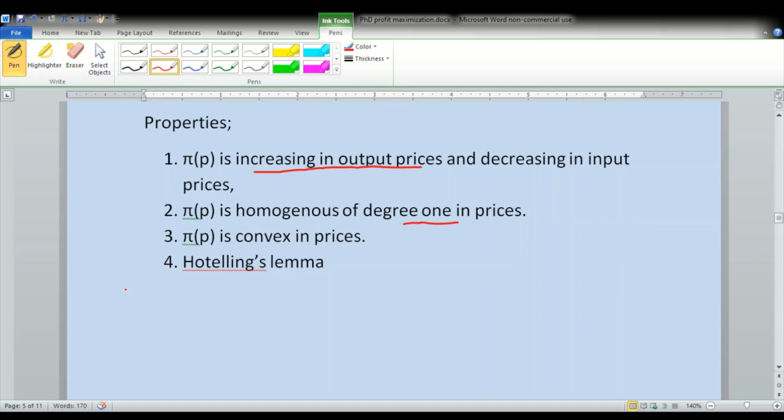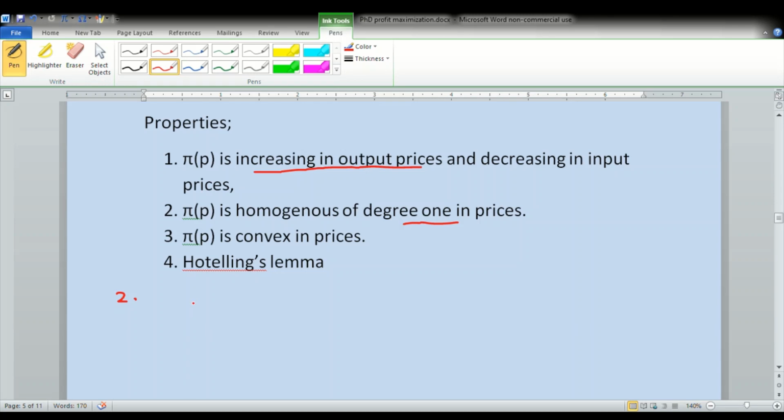Let's now start the proof of property 2, which says that the profit function is homogeneous of degree 1 in prices. This means that if all the prices increase in the same proportion, the profit will be increasing in that same proportion.